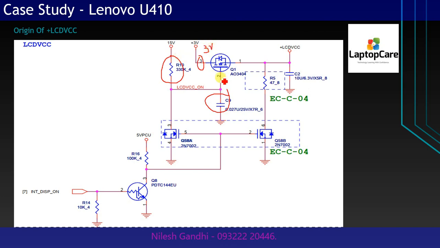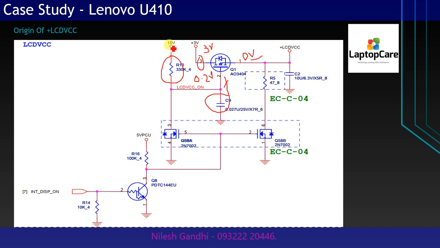At gate pin number 2 we only got 0.2 volt, and at source we got 0 volt. So now it is confirmed this gate is not triggering, and we are not getting the desired output at pin number 1 of Q1.